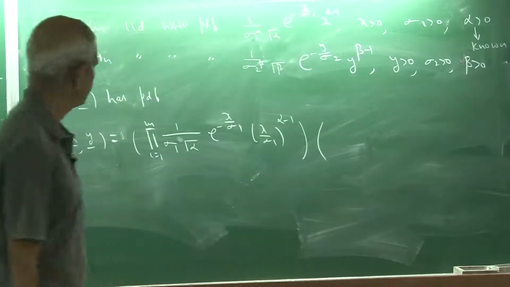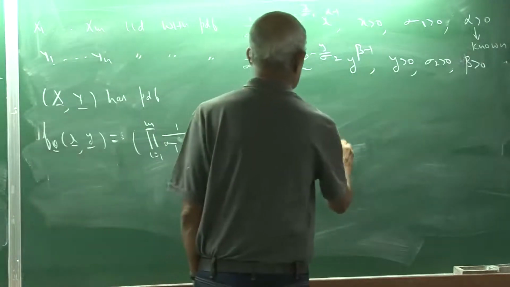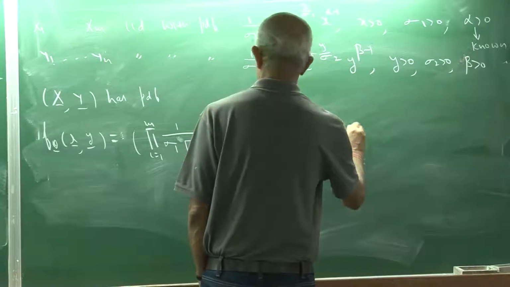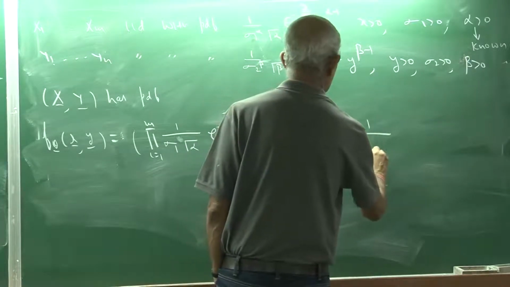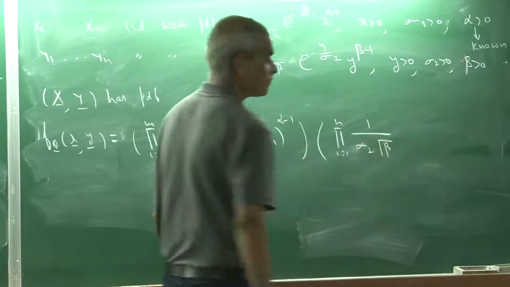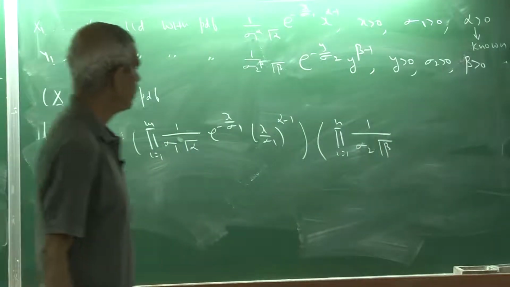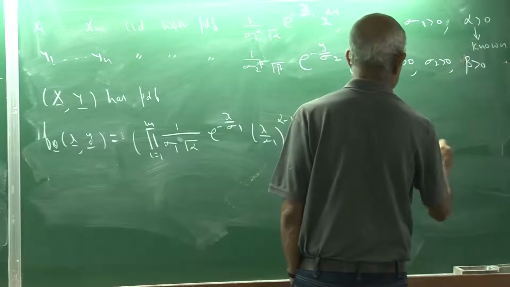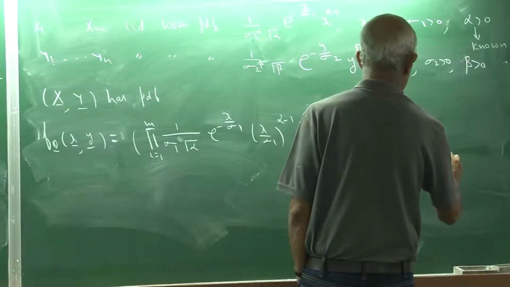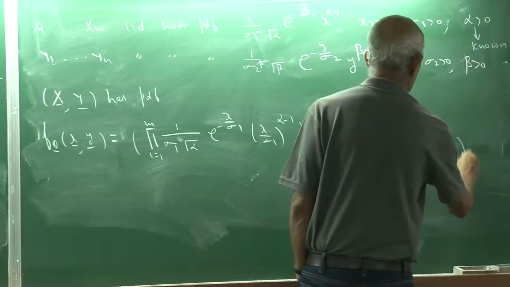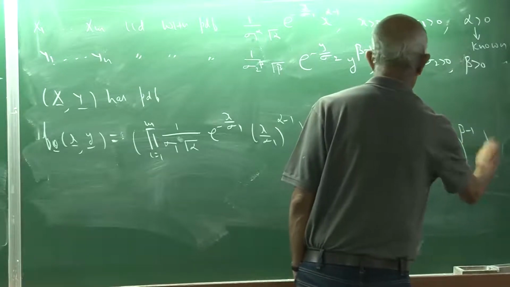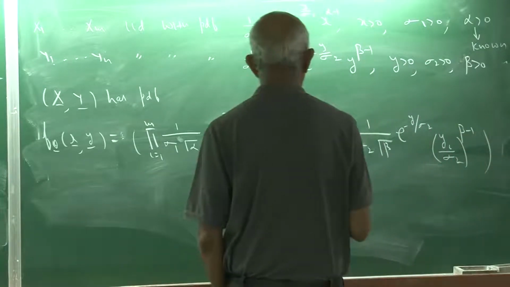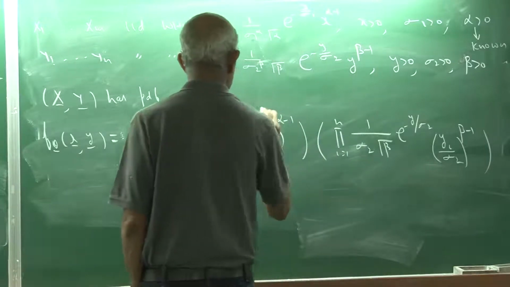Same thing for yi, so product i equal to 1 to n, 1 by sigma 2 gamma beta, e to the power minus y by sigma 2, y by sigma 2 to the power beta minus 1. This would be yi, this would be xi.